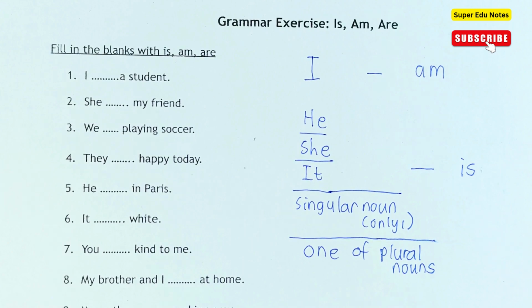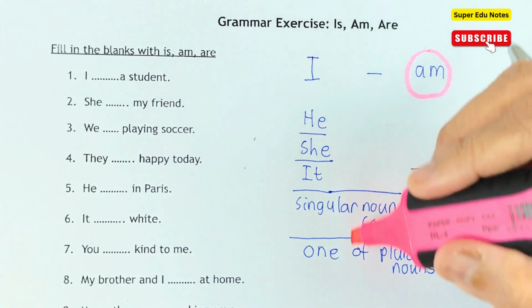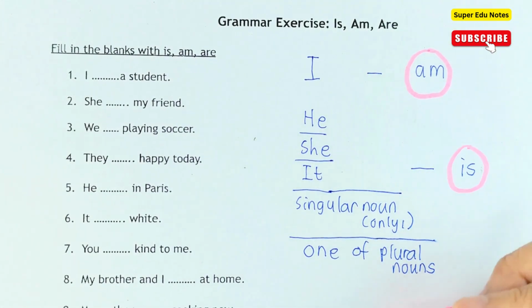In here we can put another subject. We use are. So remember, we use I with am, these subjects with is, and these subjects with are.